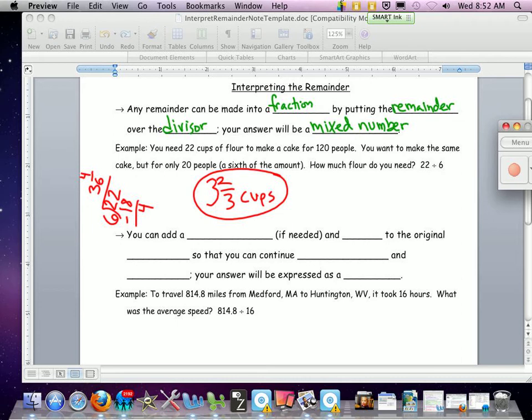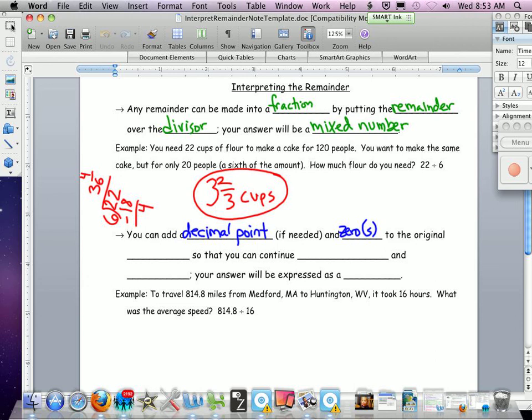For the next scenario, if it specifically says I need a decimal answer, or if either number I'm given has a decimal in it, I'm going to make sure I get a decimal answer and deal with the remainder in a decimal way. So you can add a decimal point if needed, and 0(s), could be more than 1 zero, to the original dividend.